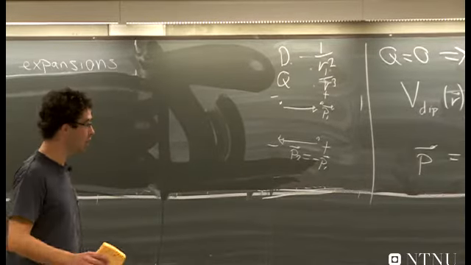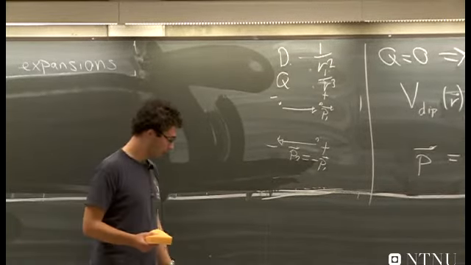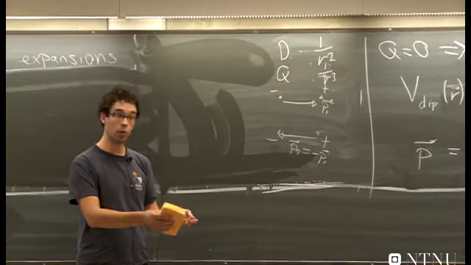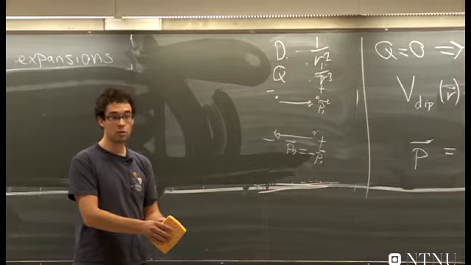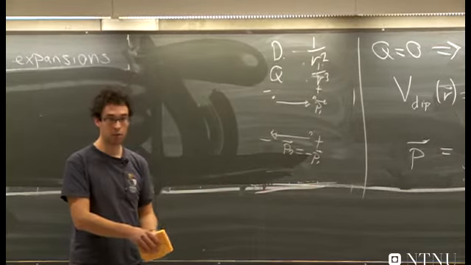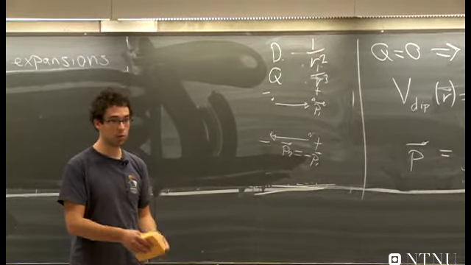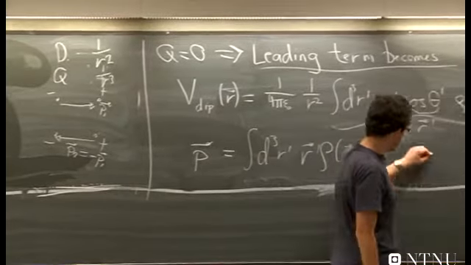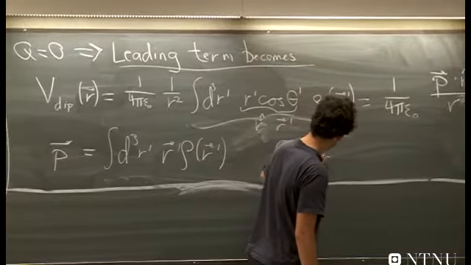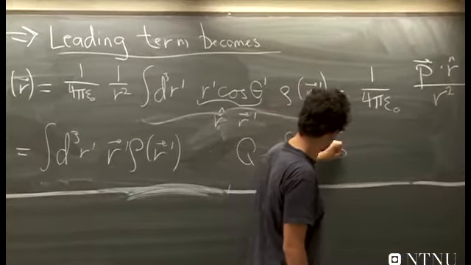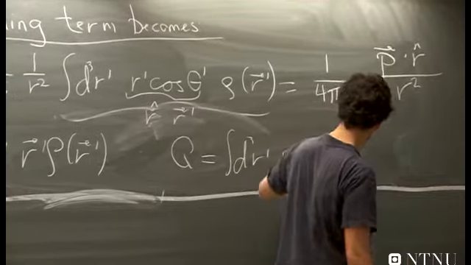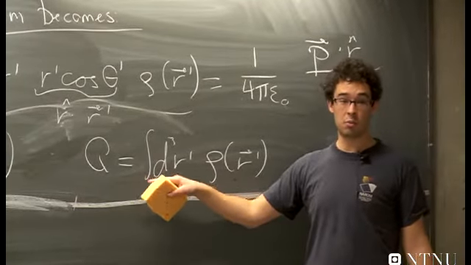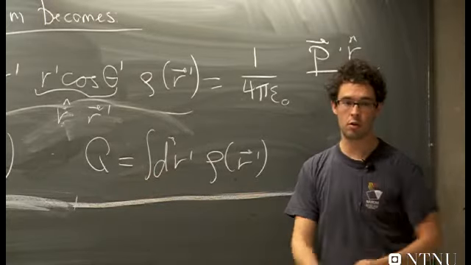Yes, because the monopole term can only be the leading term, right? And the leading term is coordinate independent. That's a general rule. But also, the monopole moment is just the following, right? So it's just the sum of the charges. And of course, the sum of the charges is the same if I stand here or over there.